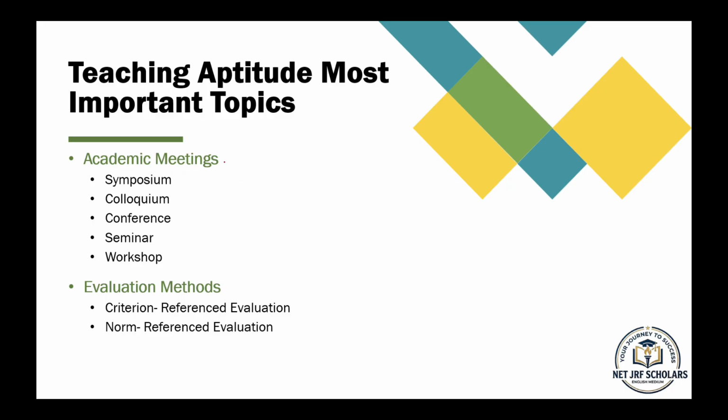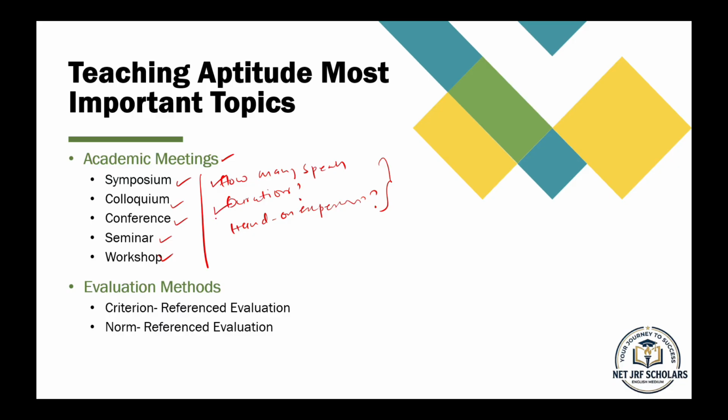And next we have academic meetings. Here we need to focus on how many speakers, duration, and hands-on experience. These are the three important parameters, because of how many speakers are possible in each of these academic meetings, and duration.